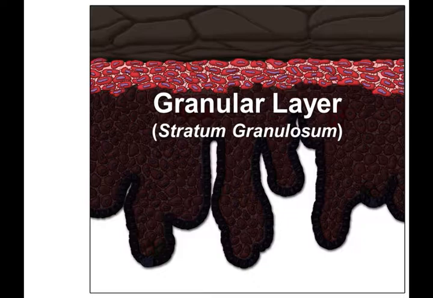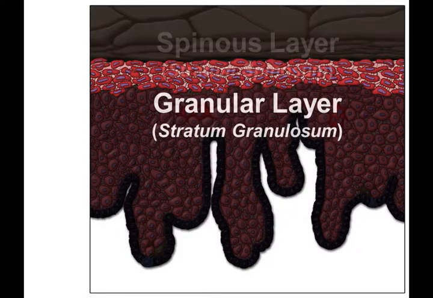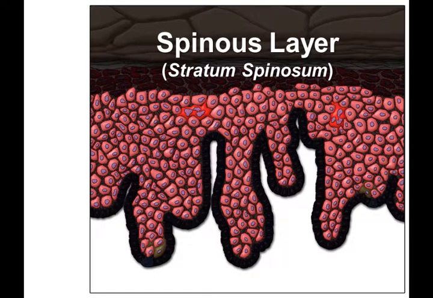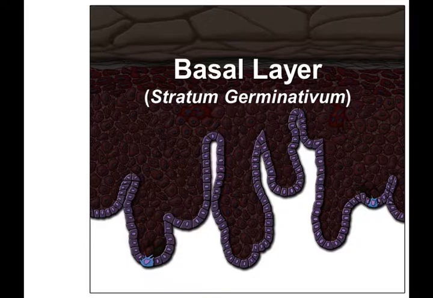The granular layer, the spinous layer characterized by cell-cell junctions which become most evident in spongiotic processes when they're stretched apart, and the basal layer.